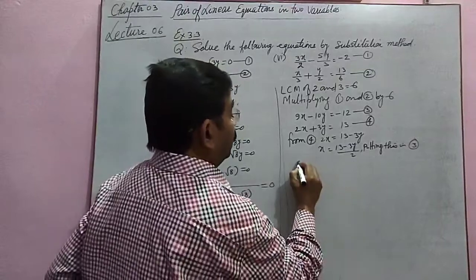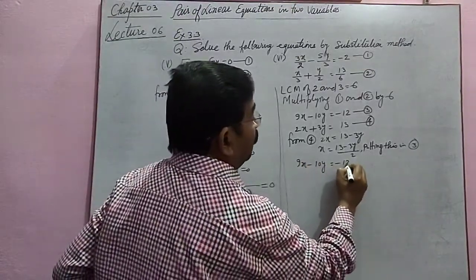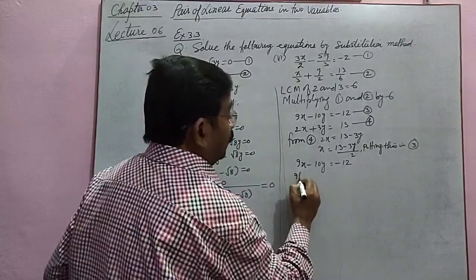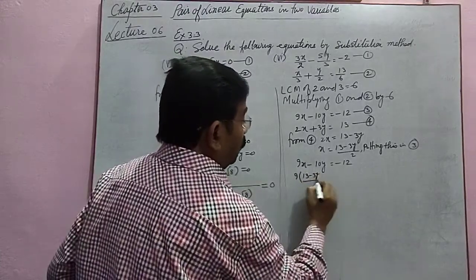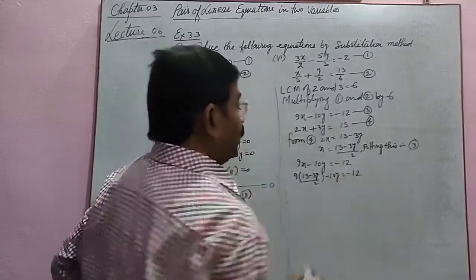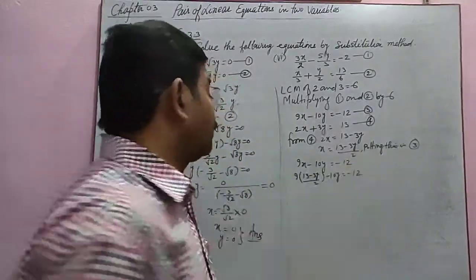I am writing equation 9x minus 10y is equal to minus 12. See, 9 times of the value of x, 13 minus 3y upon 2, minus 10y is equal to minus 12. By LCM, LCM is 2, multiply the whole equation by 2.